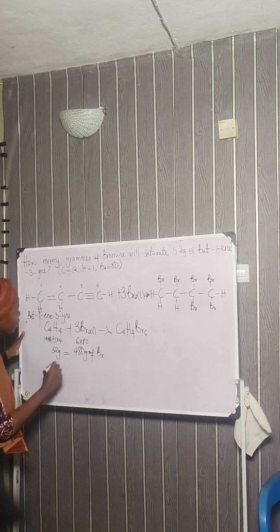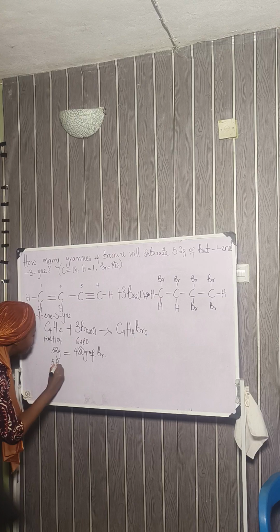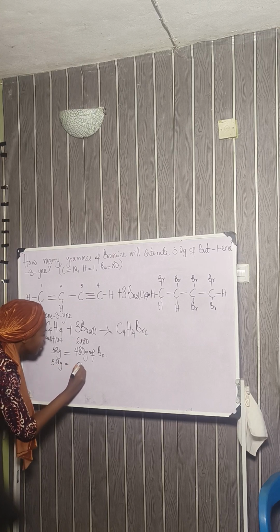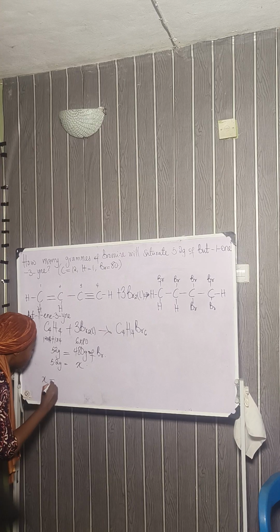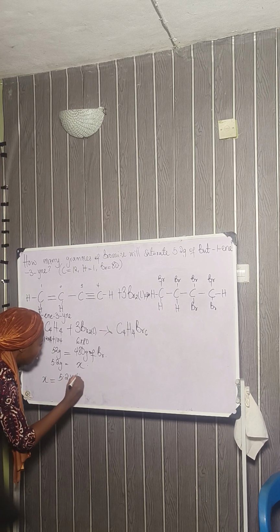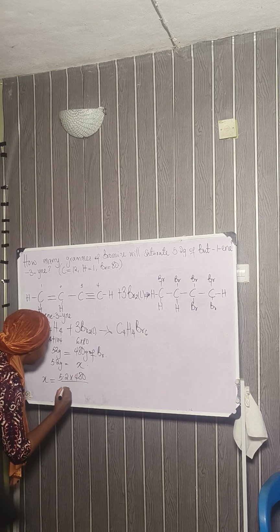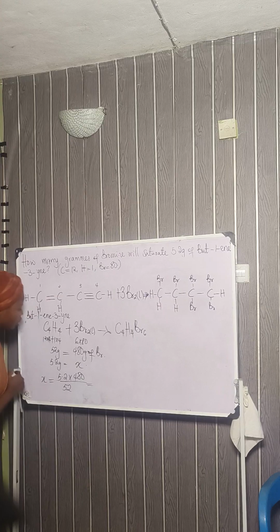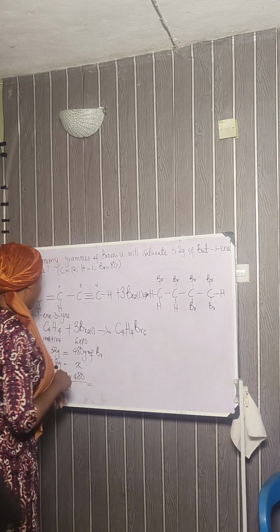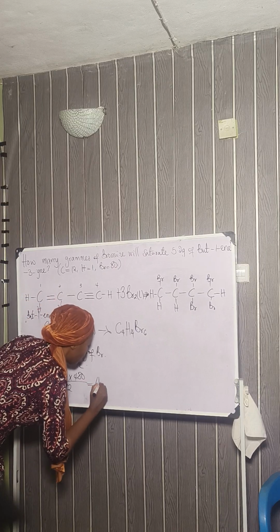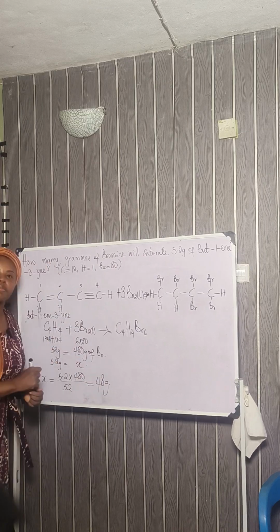Therefore, 5.2 gram of this will give me what? I don't know. So you can now see that X becomes 5.2 times 480 all over 52. This is 0.1. So our answer should be 48 gram. That's what our answer should be.